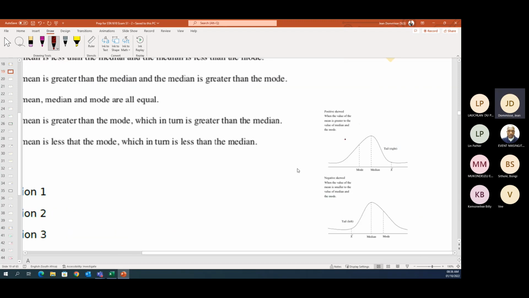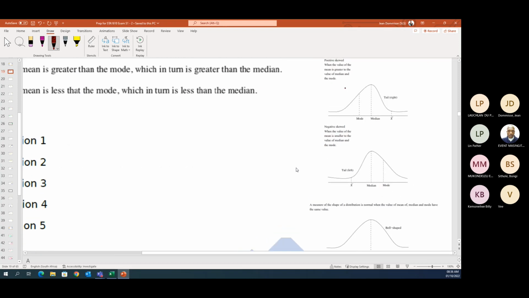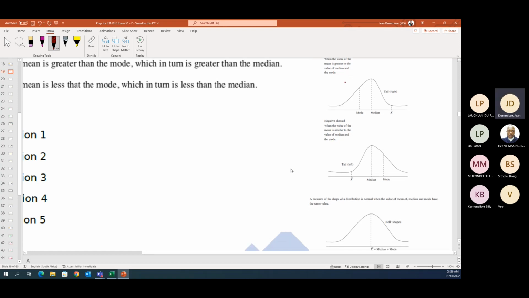So here's a nice way of looking at it. Your bell shape, all of them are always in the middle. Mean, median, and mode, always the same. Negatively skewed, and that is basically what we did now.